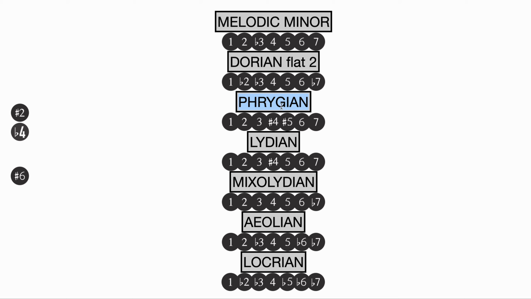And a lot of times this one then is called Lydian augmented, because it's a Lydian scale with the augmented 5th, which gives us the augmented triad right here.